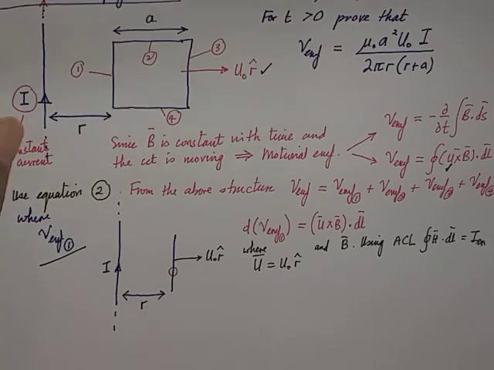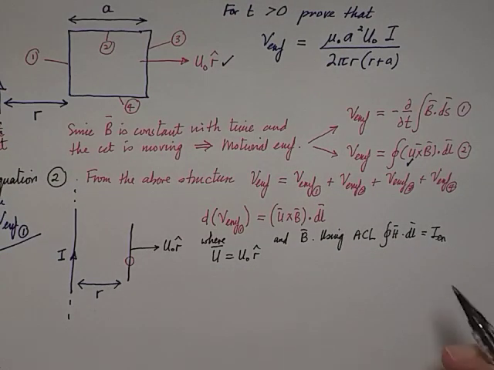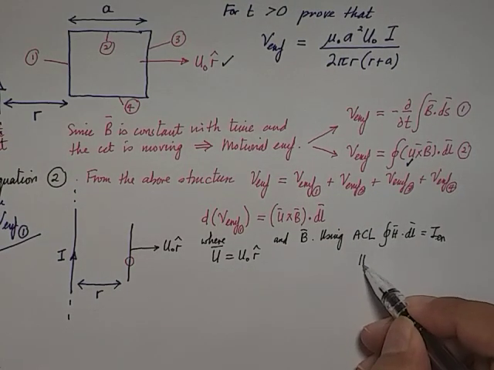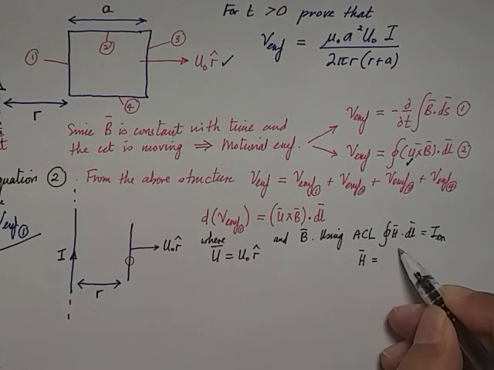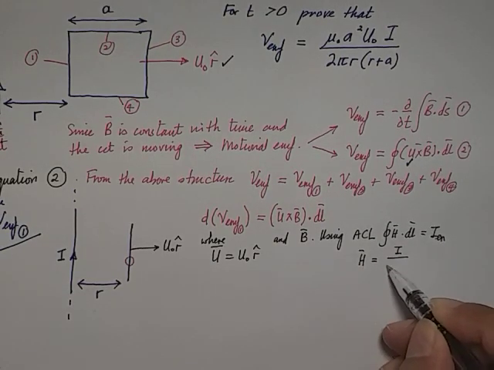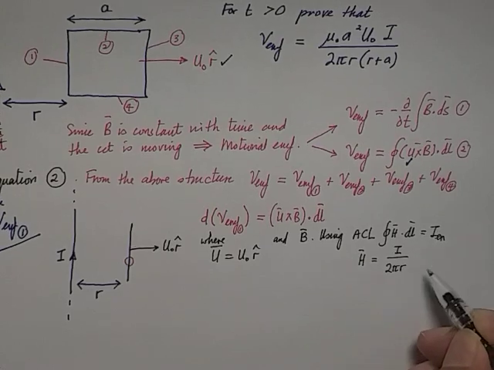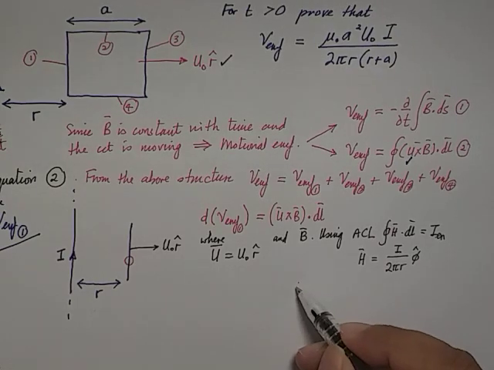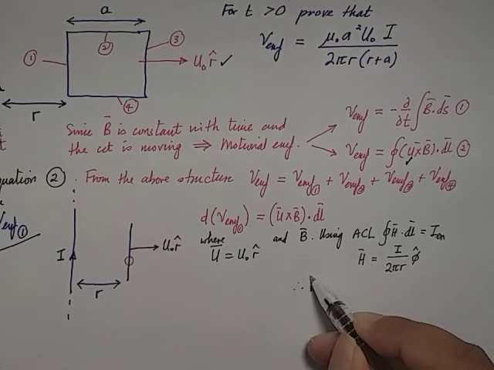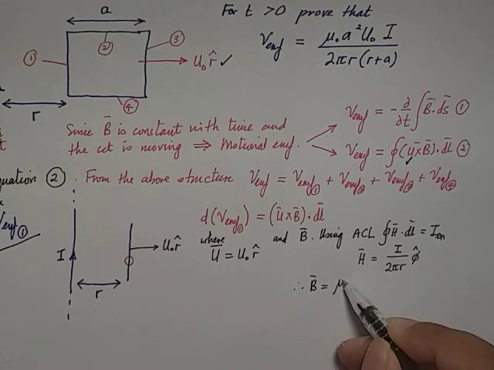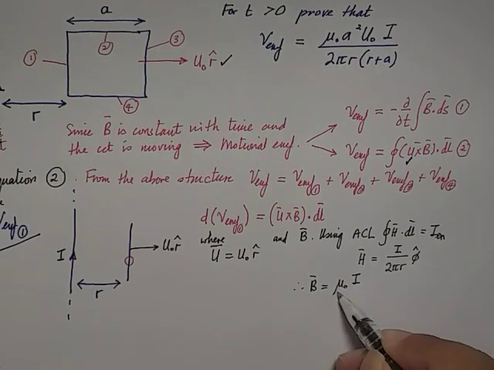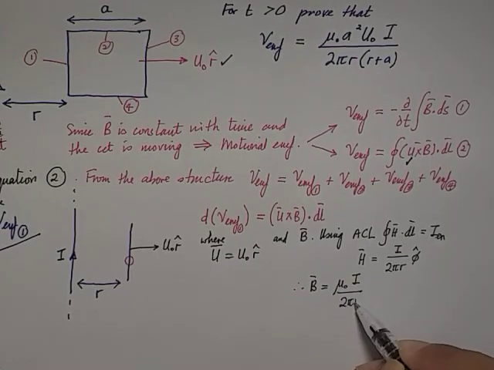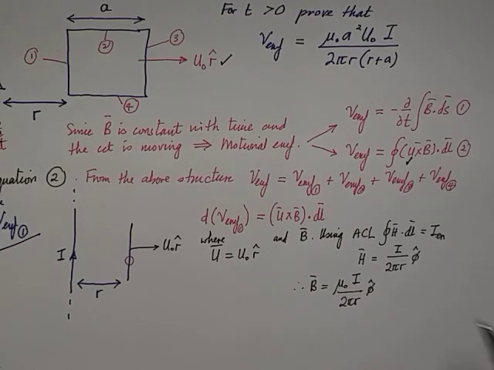Okay, and then by using the proper method, we're going to find H equal to I over 2 pi r in the phi direction. And assuming the medium here is free space, therefore B will be equal to mu naught I over 2 pi r in the phi direction.